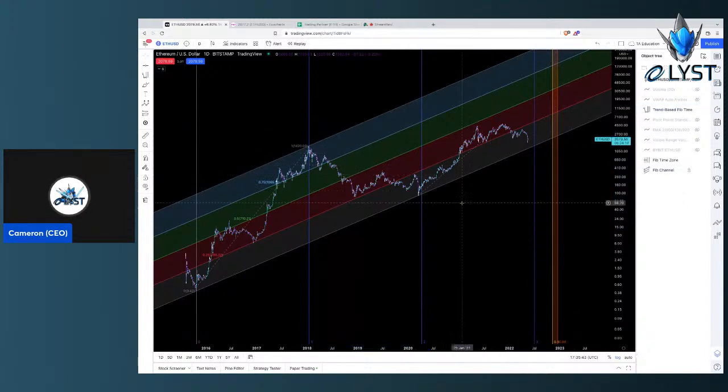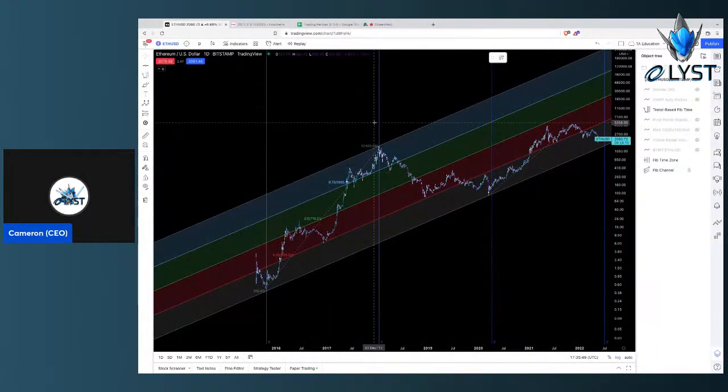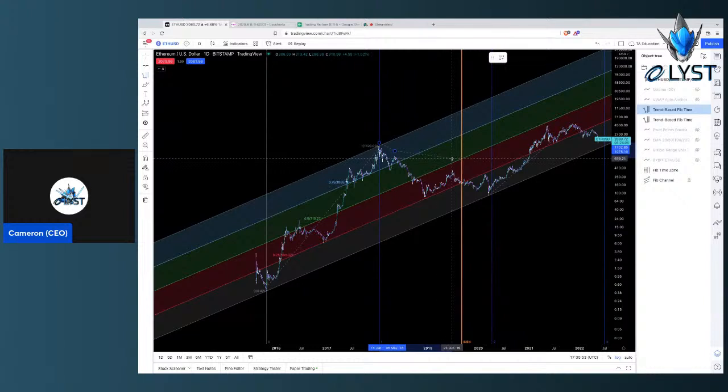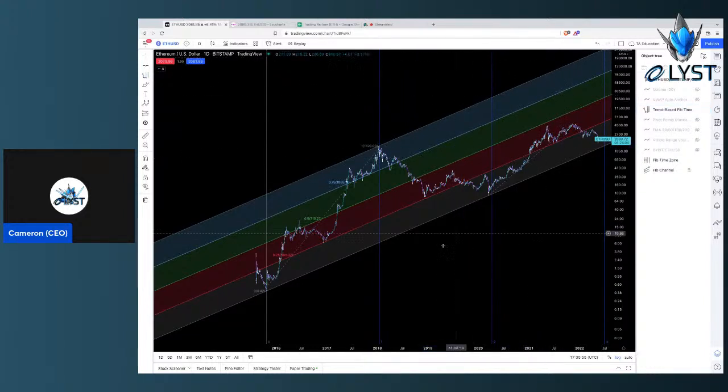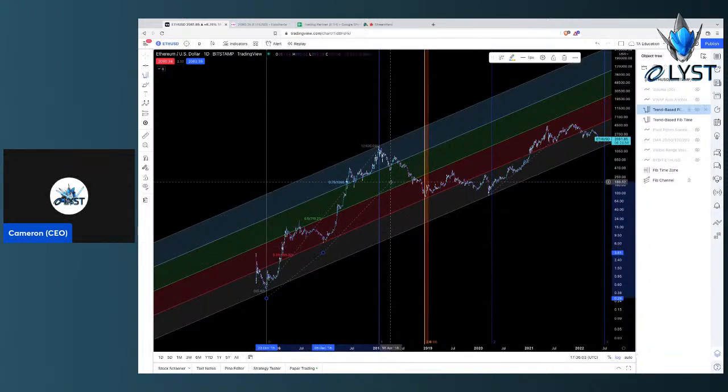So typically we are able to catch some moves. I know I caught this one here. Where the hell was it? There's a couple different ways you can map things out, like 1, 2, 3. Oh, that wasn't it. Anyway, I've messed around with these before, and I caught some pretty interesting things. 1, 2, 3. So if you would have mapped that here, you would have caught this run up.